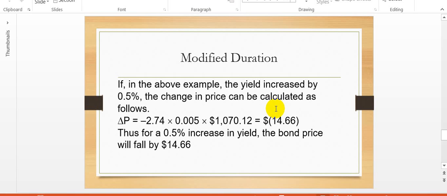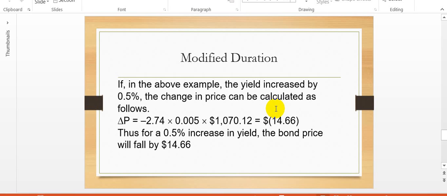We apply the formula: change in price equals minus the modified duration, times the 0.5%, which you divide by 100 to cross out the percentage, so it becomes 0.005, times the price, which equals $14.66.